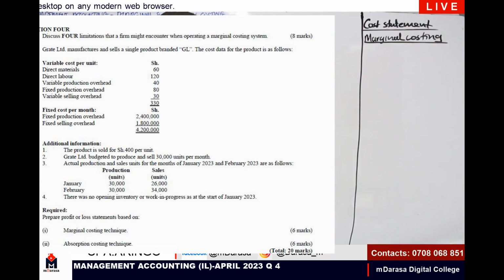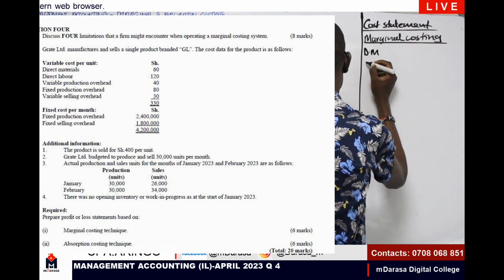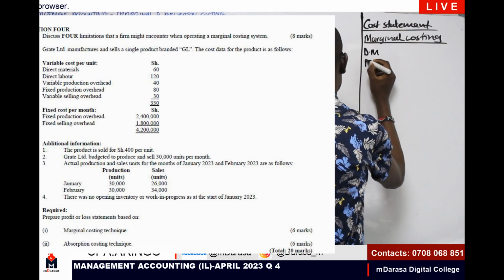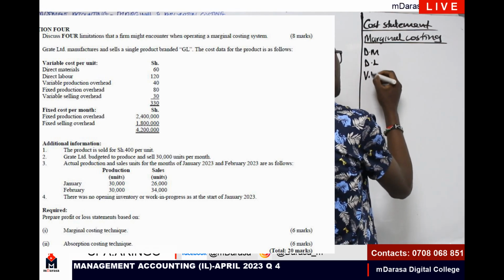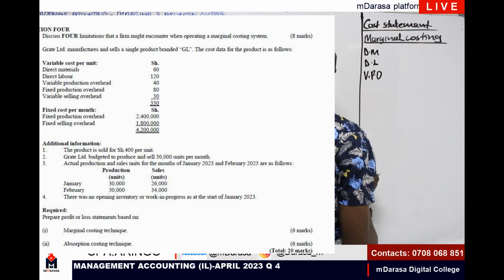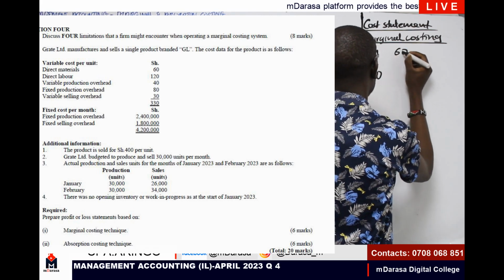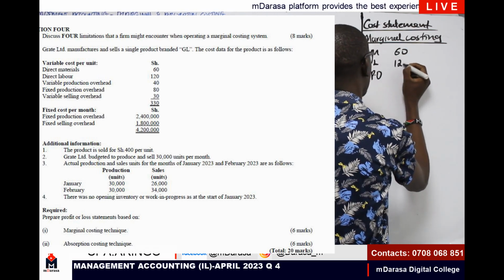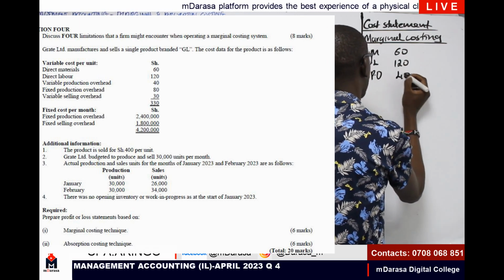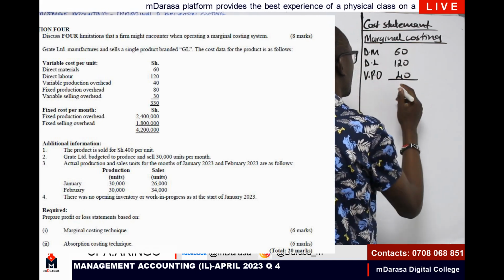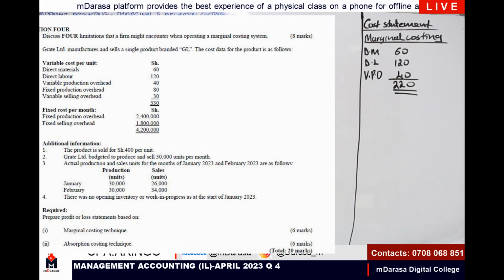I'm having direct material 60, direct labor 120, and variable production overheads 40. This should give us 220 for marginal costing. I'm going to show you how we'll be using that.